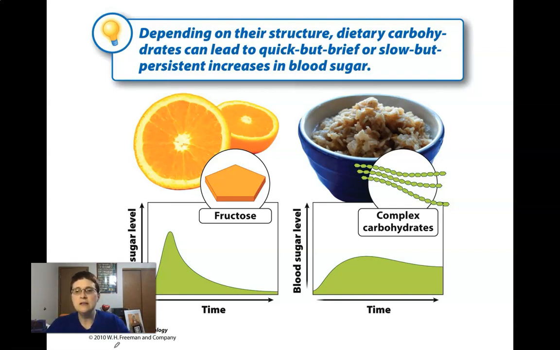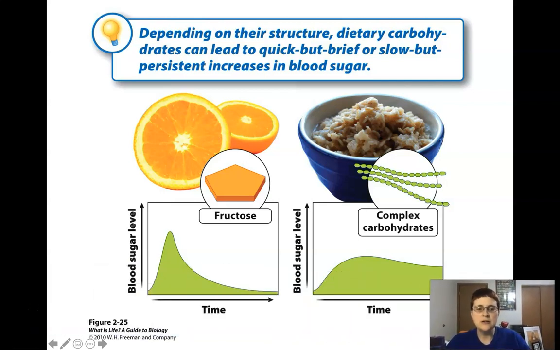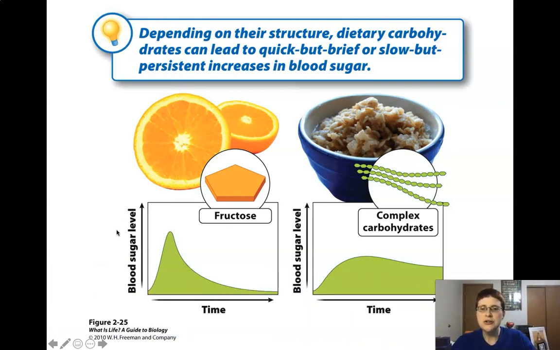And so if we take a look here at how they did this little experiment, what they did is they measured blood sugar after consuming orange juice, something that contains basically fructose, just monosaccharides, and then blood sugar after consuming something like oatmeal, which contains complex carbohydrates.